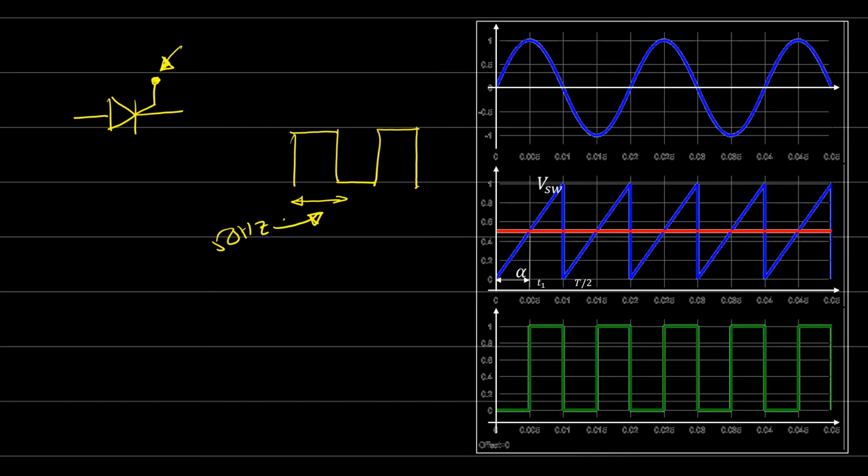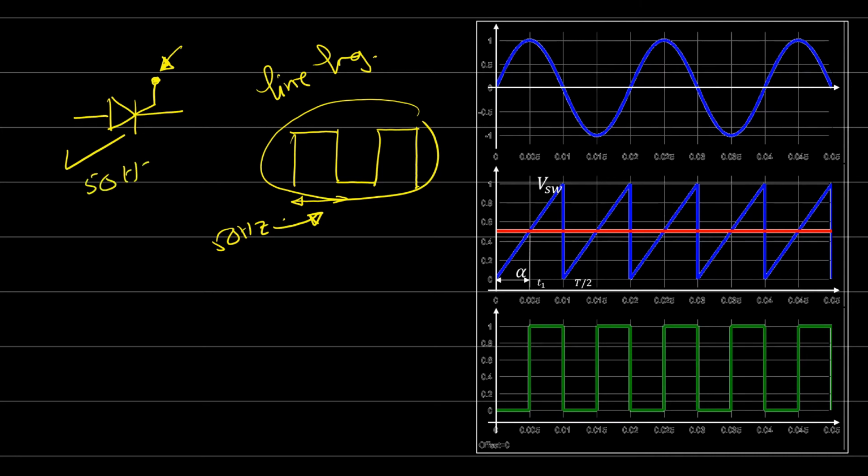The frequency of this gate signal is proportional to the line frequency. Which means 50 hertz, 60 hertz, like that. Not 1 kilohertz or 10 kilohertz or so. These devices are very slow. Yes, they can handle high power, high current, but they are very slow. We can send a 50 hertz signal, no problem.